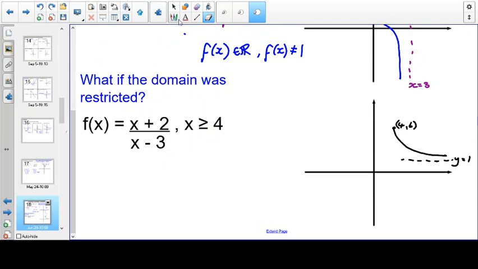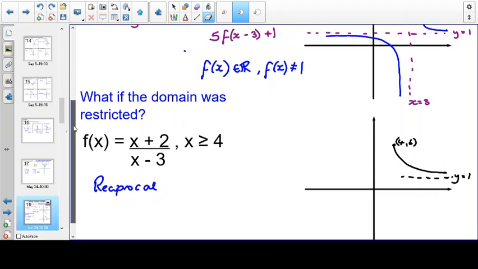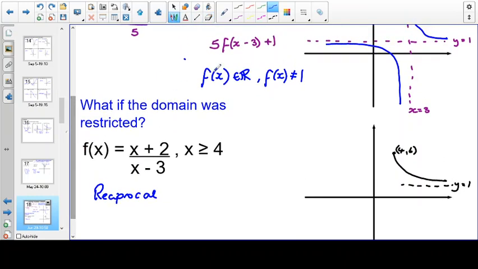But you must at least be aware that this thing here is a reciprocal and is therefore going to be of this form. Okay, if there's a minus here, if that was x minus 2, then it would be in the other two quadrants. It'd be a negative reciprocal. Okay, ultimately we need to know what the range is.